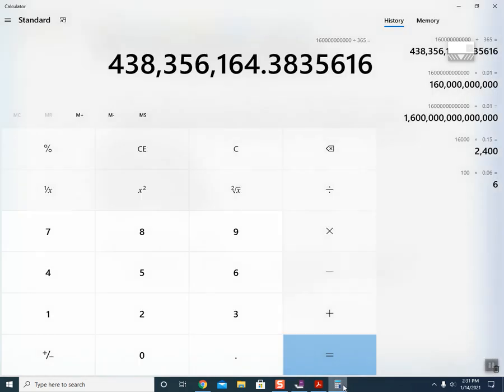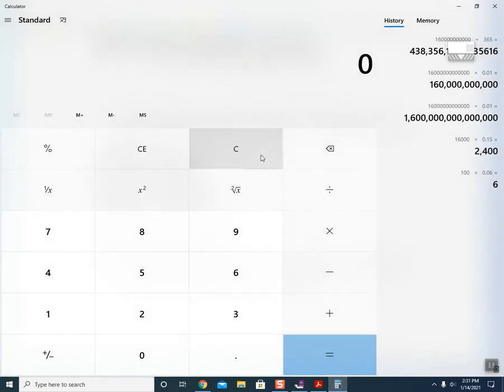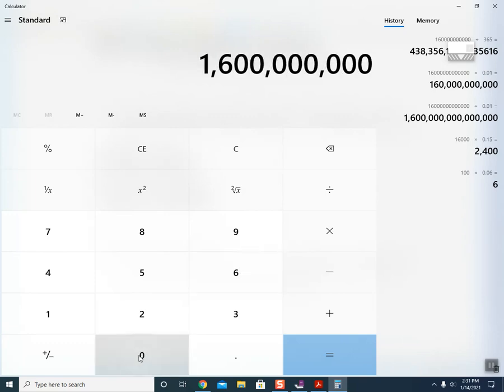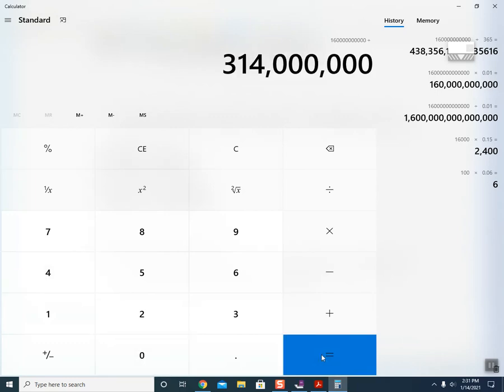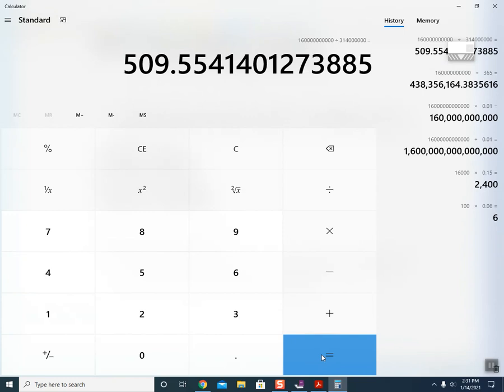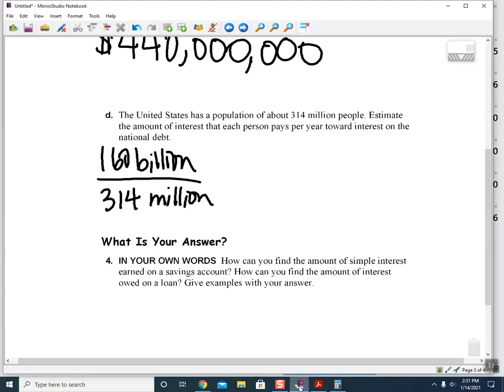So here we go. Let's try this. 160 billion, so 1, 2, 3, 4, 5, 6, 7, 8, 9, divided by 314 million is about $510 per person.